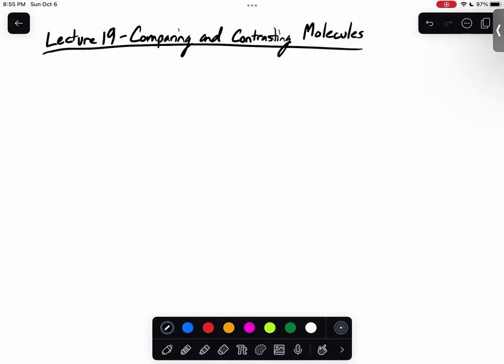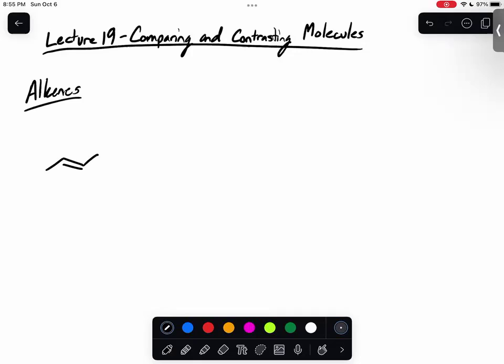But the first thing that we need to do before we get to being able to actually compare and contrast is talk about one last type of stereochemistry, which is alkenes, right? Because alkenes are very interesting. Now, notice that whenever we're looking at alkenes, normally we draw them like this.